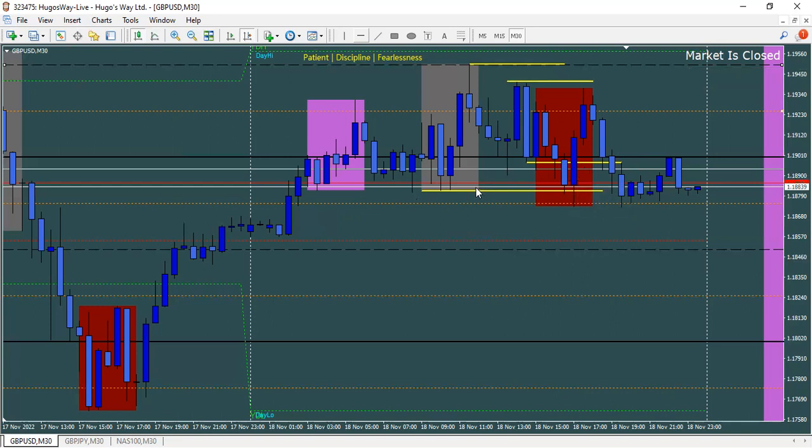Why? Based off of this strong level of support of the London session and Asian session low. I got major rejections at this level. Price is refusing to break below this level. So as this candle comes down, hits our quarter level and proceeds to push back up, once that 15-minute candle closes, that's when I took an entry.